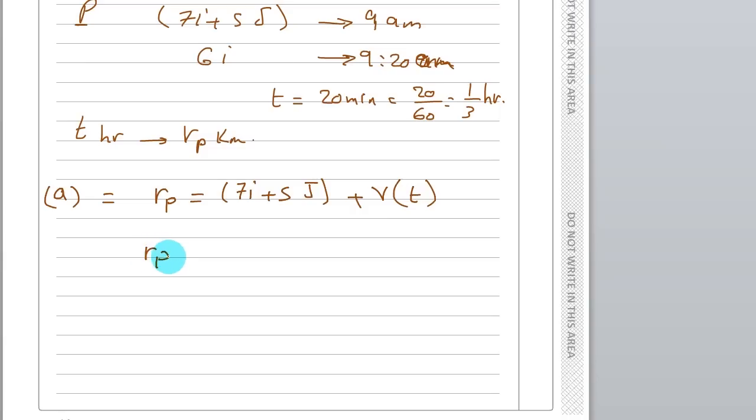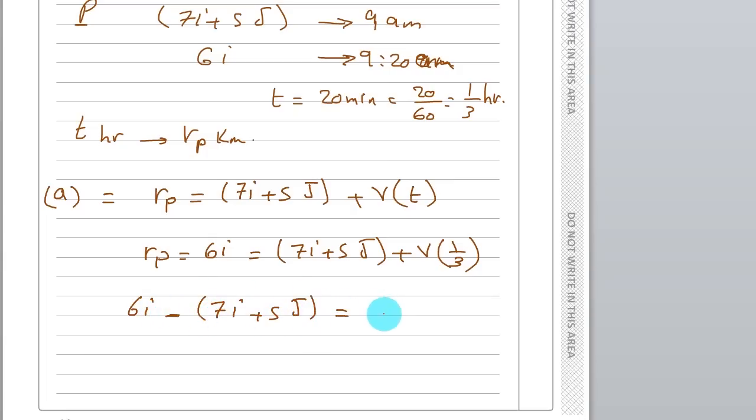So RB, which is equal to 6i, will equal 7i plus 5j plus V. I don't know V, but I know the time, which is 1/3. So now 6i minus 7i plus 5j is equal to V multiplied by 1/3.